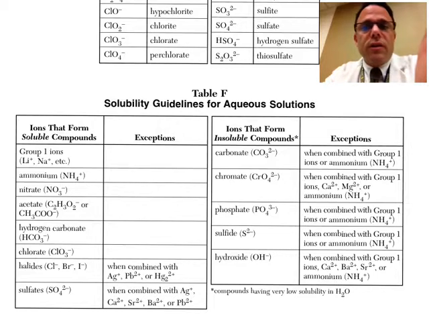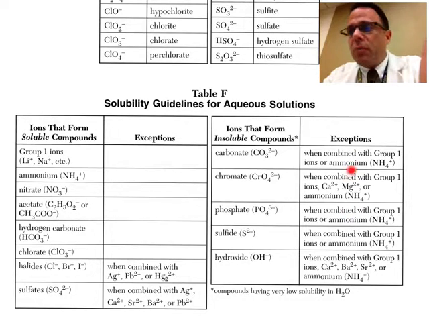And we have all these different conditions, namely, all of these substances, all of these ions will be soluble if you see them, unless they are in combination with these other ions, and then it would flip the meaning. This side, all of these ions are insoluble, unless these exceptions are met.